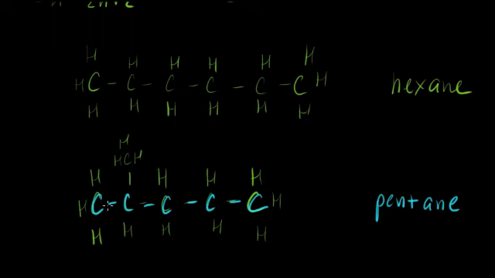If we go from the left, 1, 2, it's going to be number 2. We want the lowest number, so this methyl group is off of 2. So we write this 2 with a dash, and then this methyl group, let's write it in yellow. This methyl group is on the 2, so 2-methylpentane is the name of this particular isomer of C6H14.